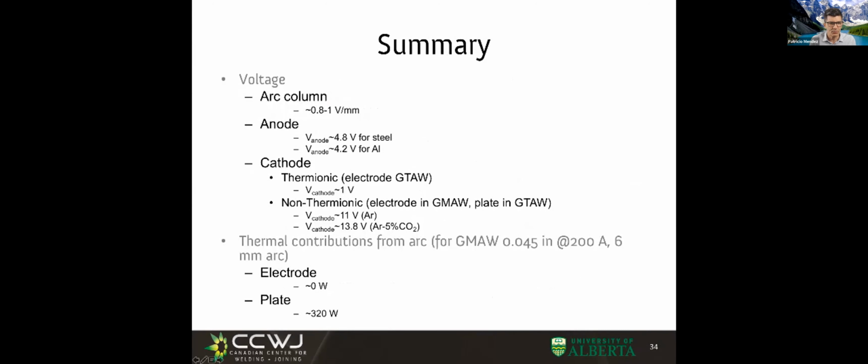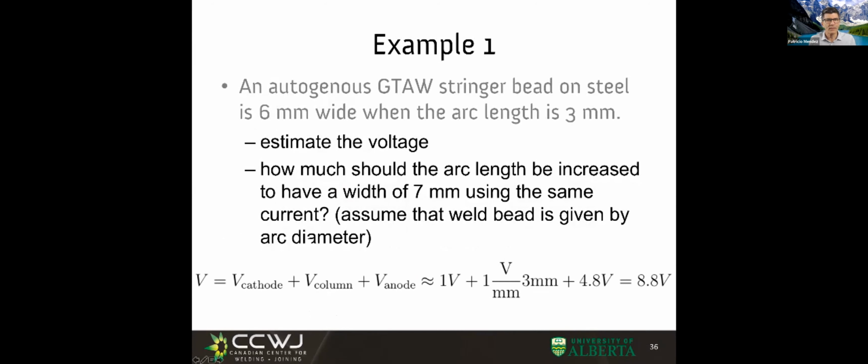The column is 1 volt per millimeter times 3 millimeters, which gives us 3 volts. And then the anode is more or less 4.8 volts. I added it all up: 8.8 volts.